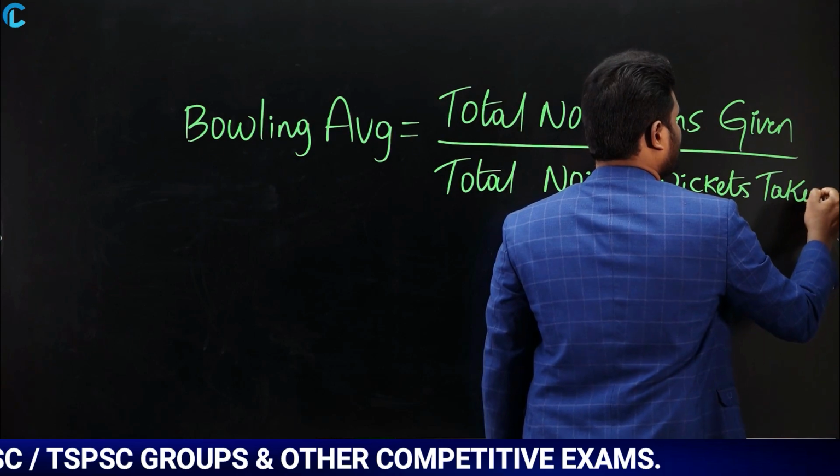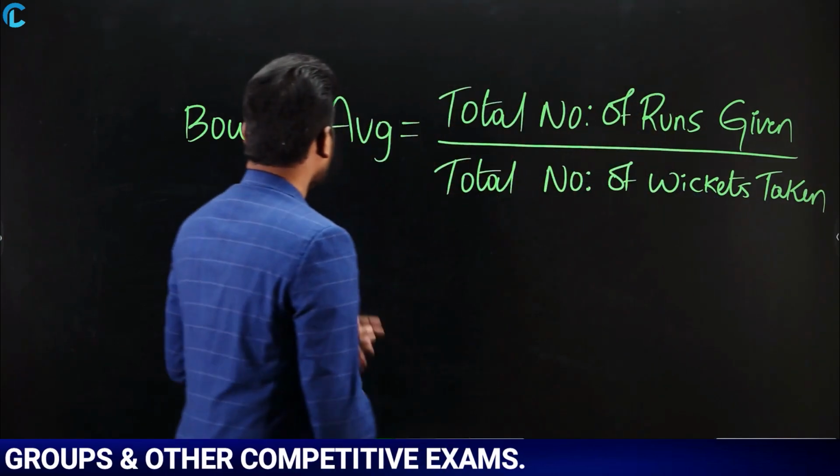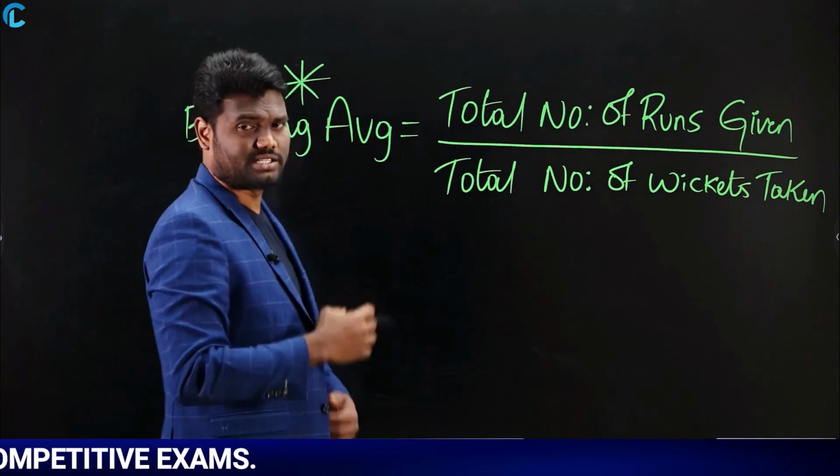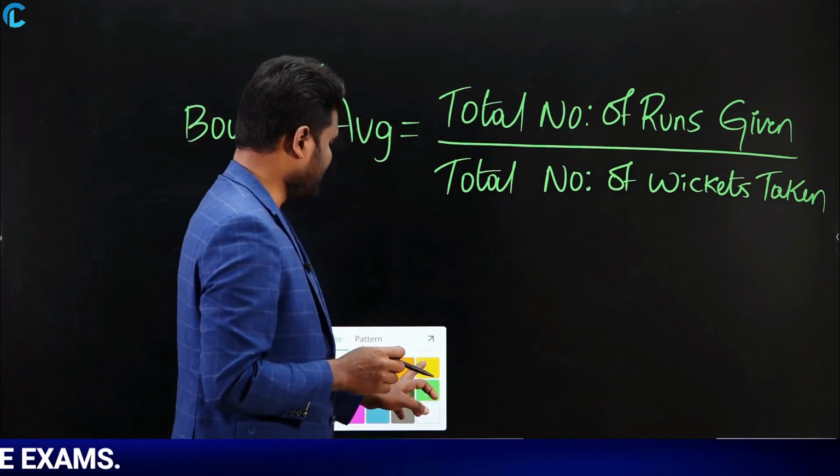So the simple definition: bowling average is nothing but total number of runs given divided by total number of wickets taken. We'll discuss this with a simple example.